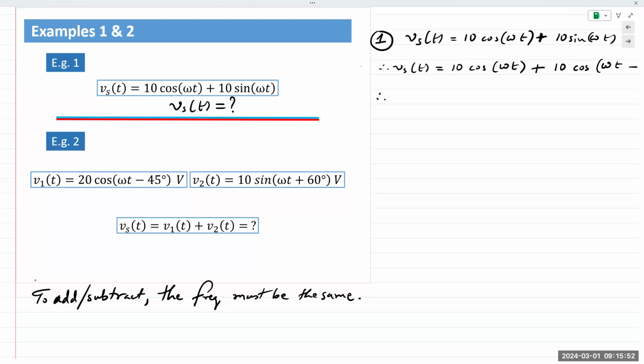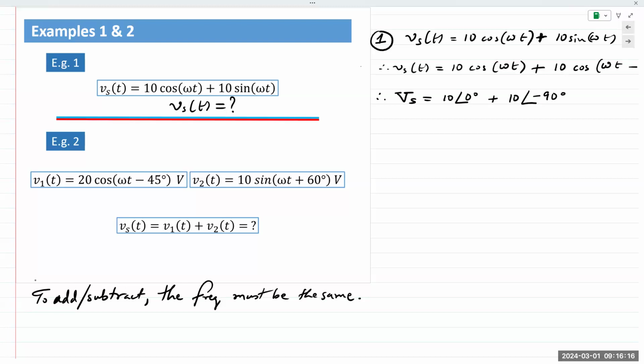Okay, so now we write down the phasor directly. The phasor for the first term is magnitude 10, angle 0. The second term also has magnitude 10, with a phase angle of minus 90. You directly write down the phasor from the cosine function.